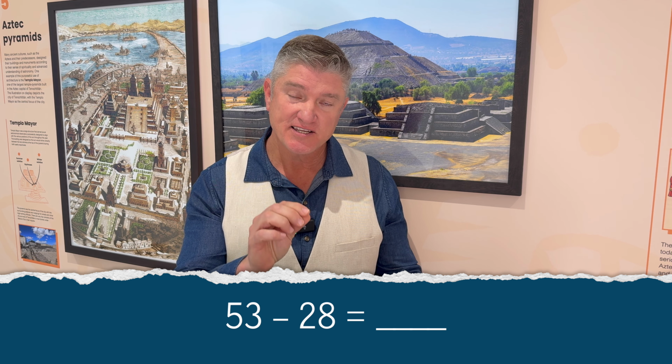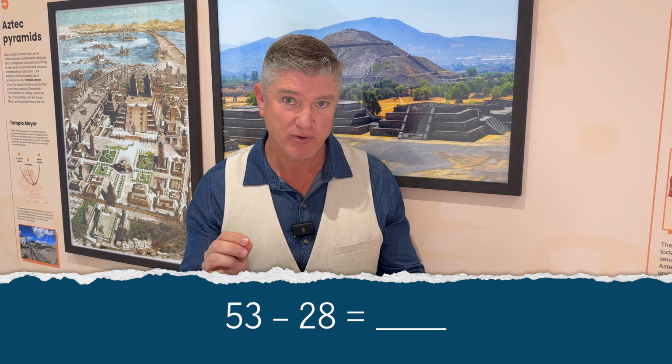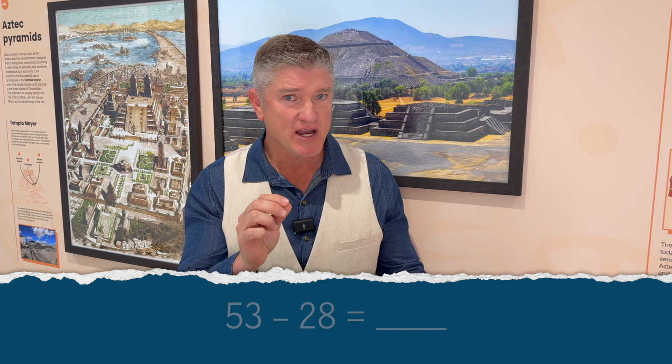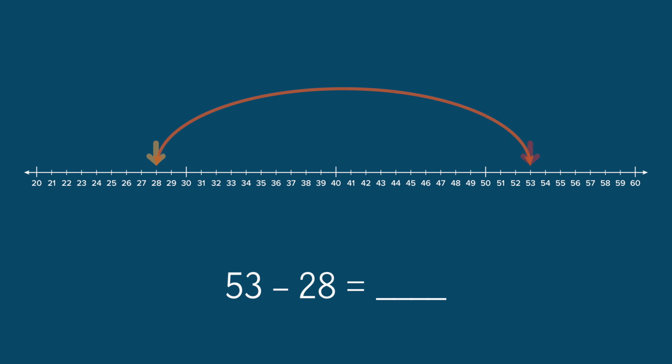Now, how can I apply this knowledge to this equation? Without a context, as I said before, it's easy to interpret this as being a takeaway problem. But if I think of subtraction as comparison, I can easily show two totals on a number line like this. 53 is one total and 28 is the other total. I need to figure out the difference that is between those two numbers.